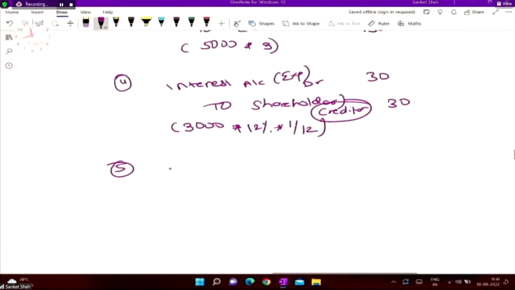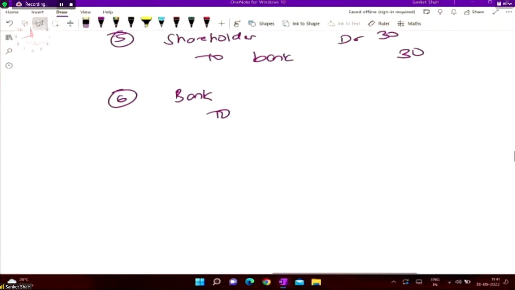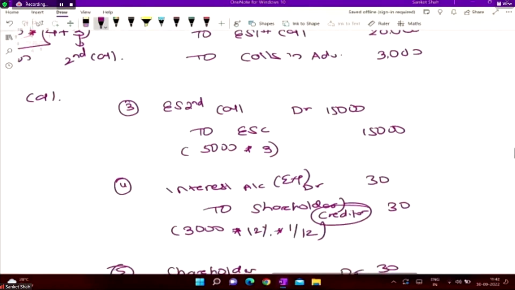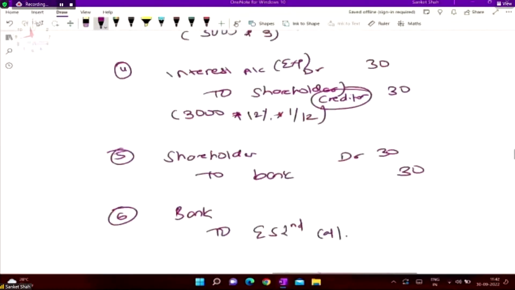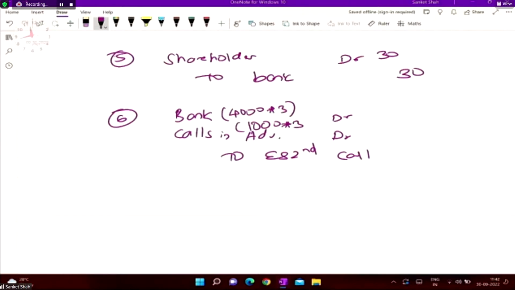And then shareholder to bank, 30. And then bank account debit, calls in advance account debit, to equity share second call, 4,000 into 3, 12,000, 1,000 into 3, 3,000, 5,000 into 3, 15,000.